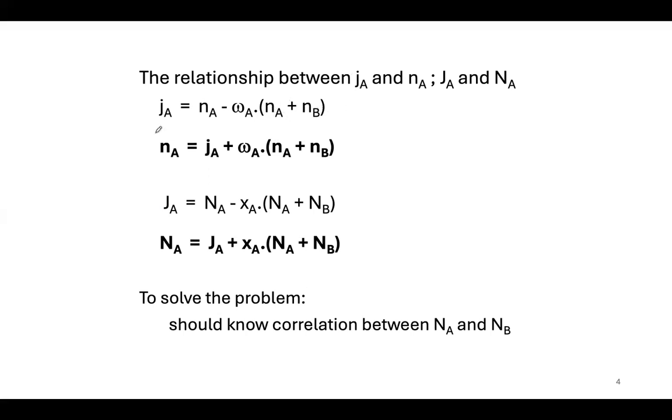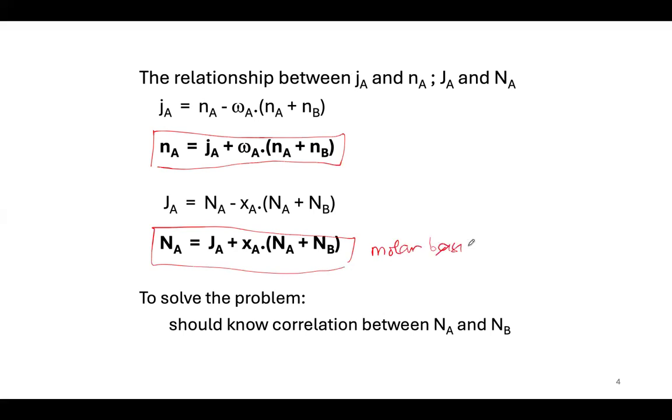This would be the correlation for the mass basis, and this is the correlation for the molar basis. And this is called Fick's law number 2.